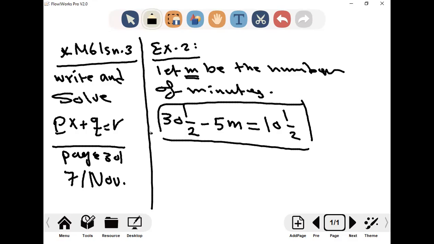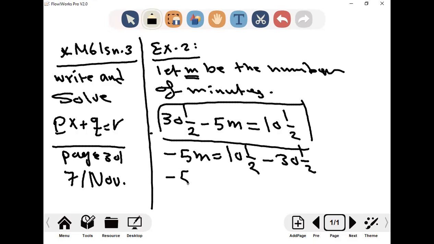Now what we need to do, we need to solve that to know how many minutes, right? It was 30.5. They want us to know how many minutes to get 10 and half, right? Yeah, so here I will shift the connected number, which is 30 and half, to the next side. It will be negative. So negative 5m equal 10 and half minus 30 and half.